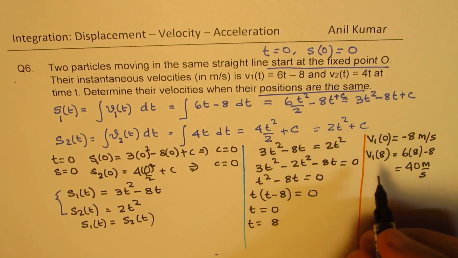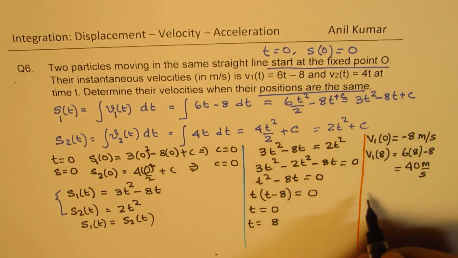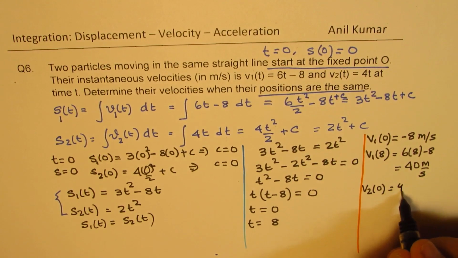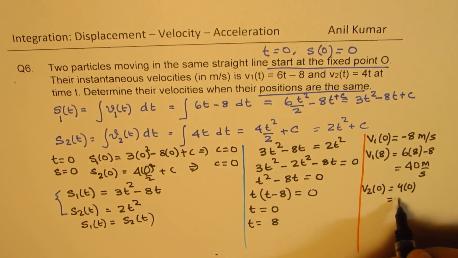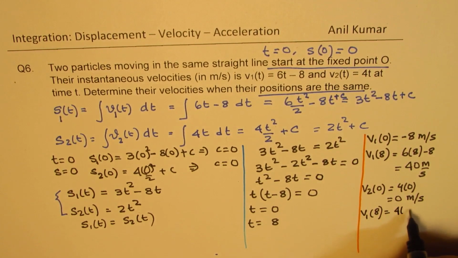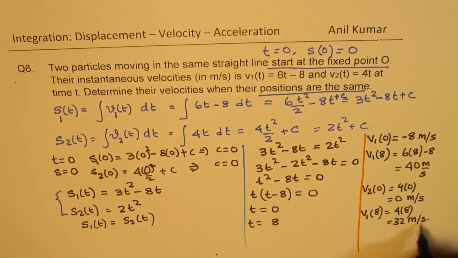And for the second particle, which is 4t, we have v2 at 0 equals 4 times 0, which is 0 meters per second. And at 8, it is 4 times 8, which is 32 meters per second. Is that clear to you?